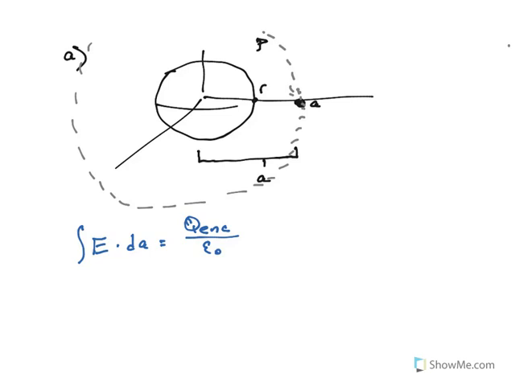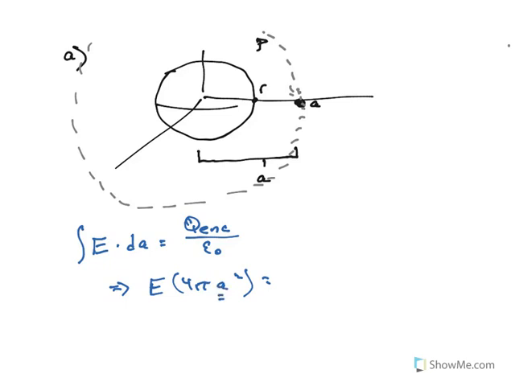All right, well, how do we do this? We say the electric field, again, is going to be constant. We can pull this out of the integral. So we'll have E times the integral of dA, which is 4 pi r squared, or sorry, not 4 pi r squared, 4 pi a squared.